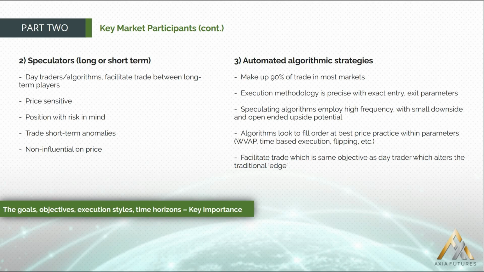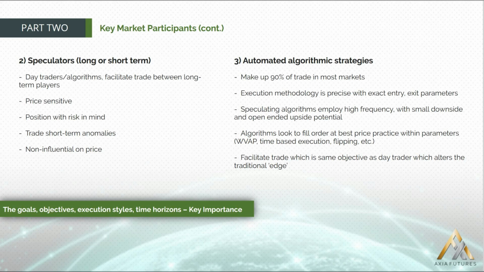Let's now continue with the second of our key market participants, the speculator. The major difference between the speculator and the commercial participant is that the commercial participant tends to interact in the market and hold positions based on various fundamentals or various technicals, and they do tend to hold these toward maturity.